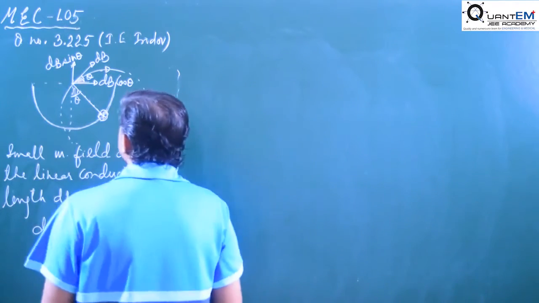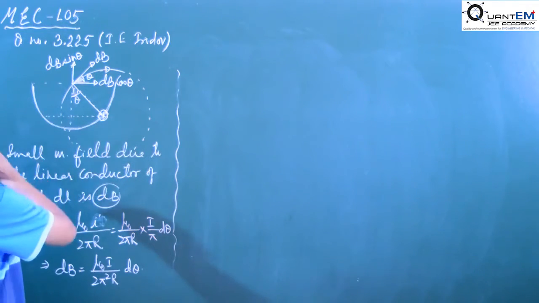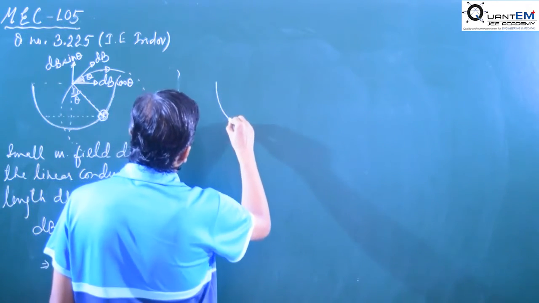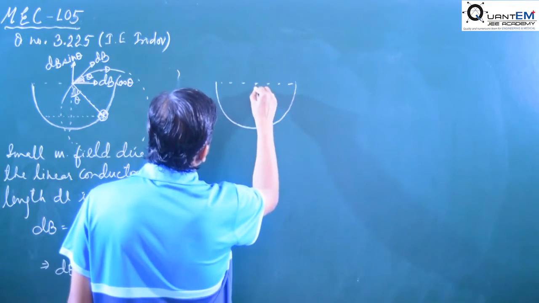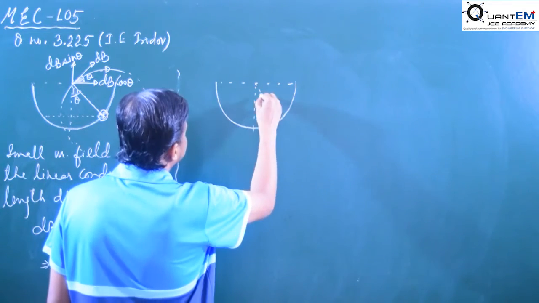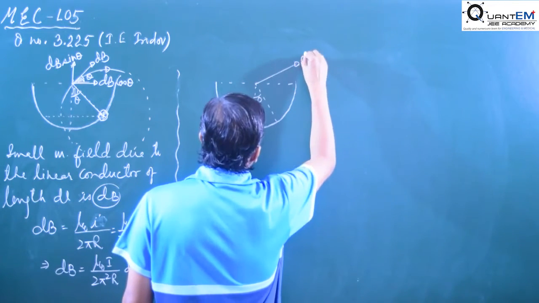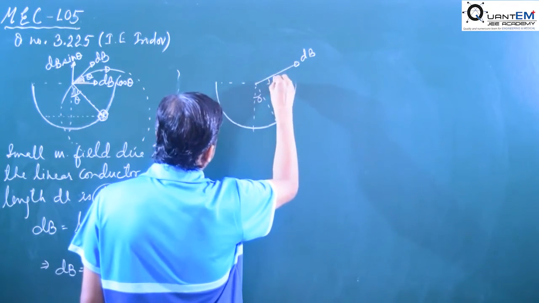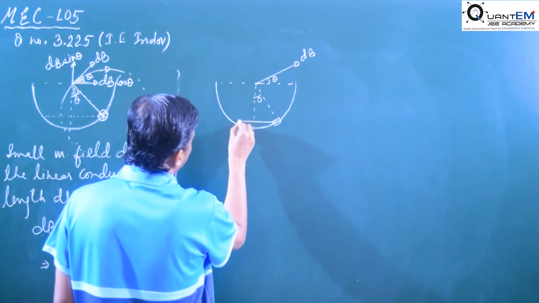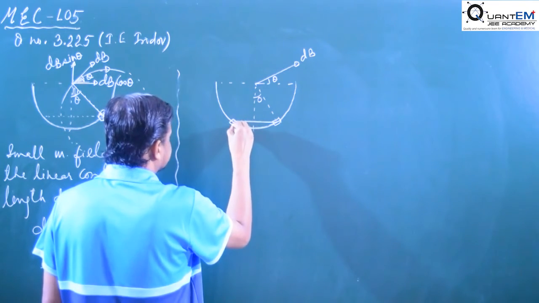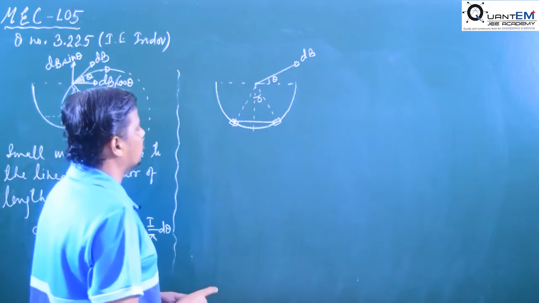Now see, similarly we consider a small element just opposite to this part. This angle we have theta, this 90 minus theta, one dB we have in this direction, dB, this angle is theta. A similar element we have considered in the opposite direction like this. So what will be the direction of magnetic field for this conductor?